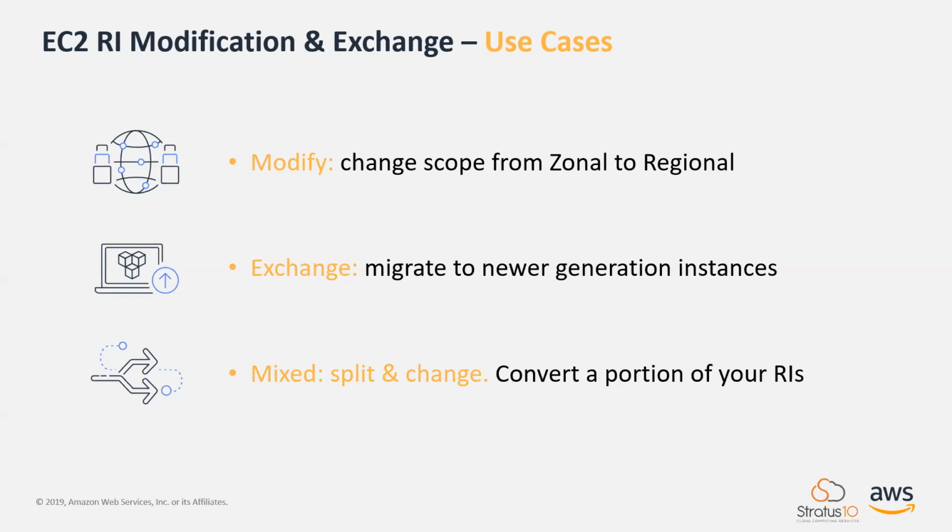However, you don't need 50 of those RIs anymore. In this case, you could modify the feature to split the reservation into several parts and then use the exchange feature to only convert the portion of the RIs into the new generation M5 and different platform to fulfill your requirements and ensure the migration is also covered from the cost perspective.